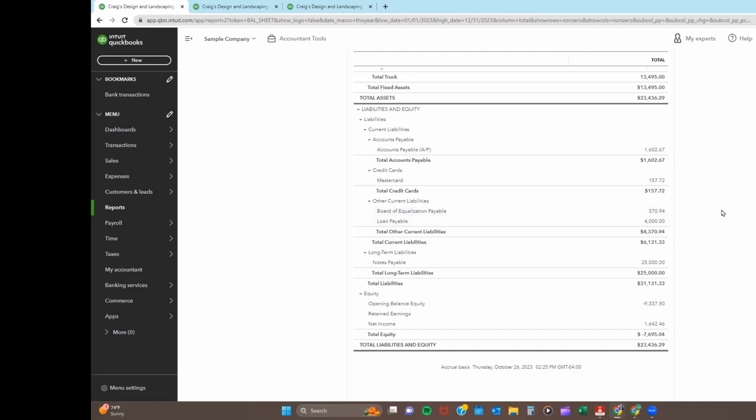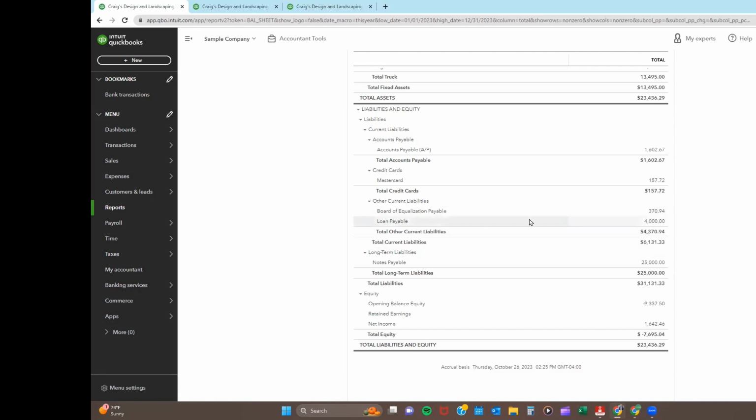I'm not 100% sure what that means, but it might be some type of property tax or some type of town assessment that he owes on. Okay, so he owes $371 there. And then he has a loan payable of $4,000, and he also has a note payable of $25,000.